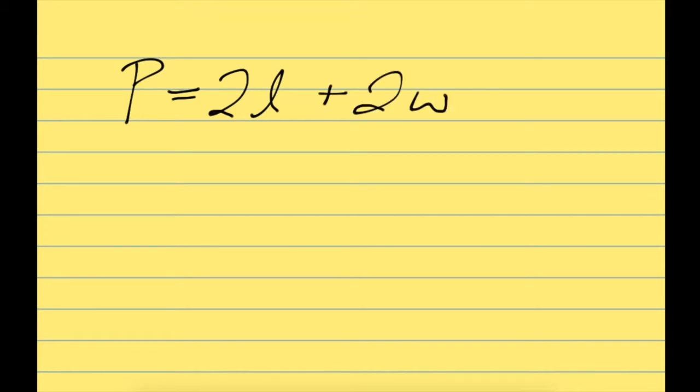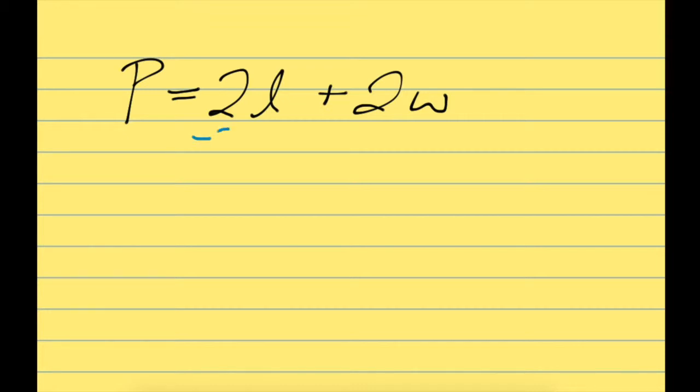Now, I can also use this strategy to rearrange equations and solve them for different variables. For instance, this is my equation for the perimeter of a rectangle. Perimeter equals 2 times the length plus 2 times the width. Suppose I want to solve this for w. Well, I want to get w by itself. I move things away from it.